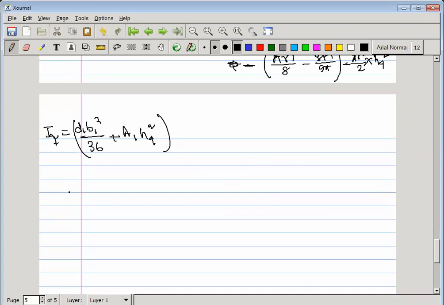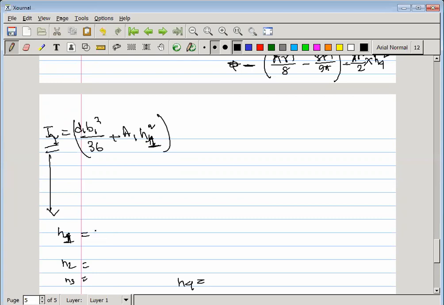So h4 is nothing but, better to write it here for this case: h1, h2, h3 and h4.